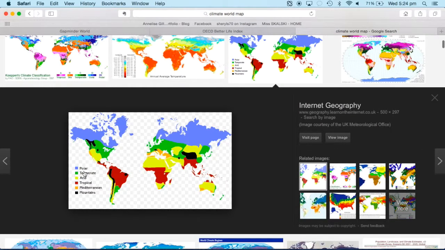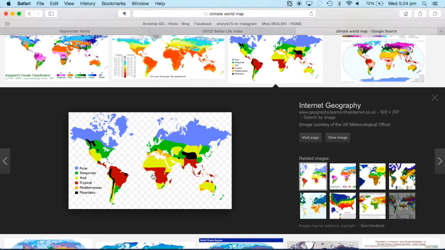Okay, so we've got our regions here, our polar regions, which are the cold ones, and temperate, which are the green, and temperate is for climates like ours in Port Lincoln, where it's not too hot, not too cold, so fairly moderate temperatures. So you'll see those in America, across Europe, Australia, South America, and down the bottom of South Africa.